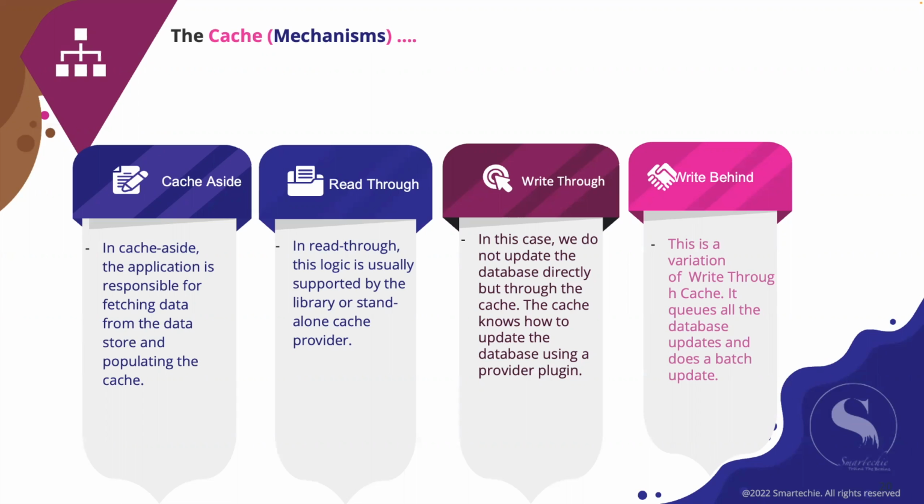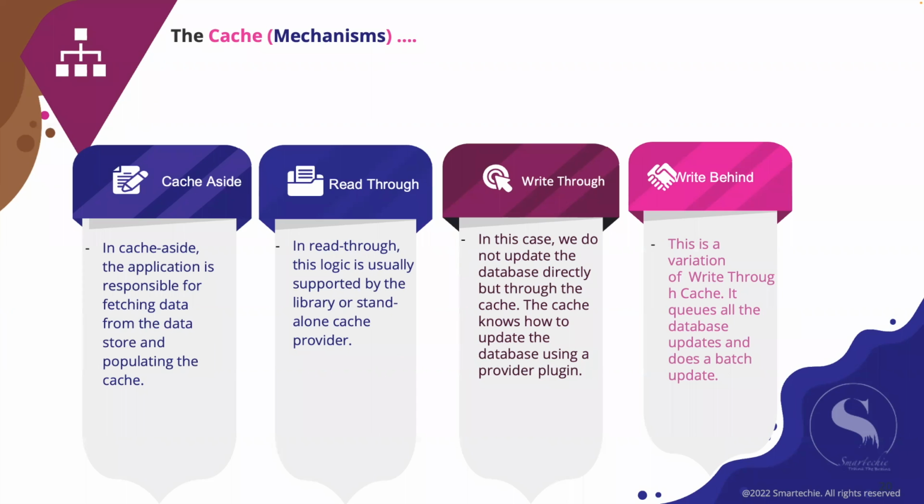If there is no data, we request the persistent storage for the data. After getting the data from the database, we put it back in the cache with the key itself, right, and return the data. We call this the cache aside model. It is the default way of working with the cache for most applications. It's a simpler way of using the cache mechanism.